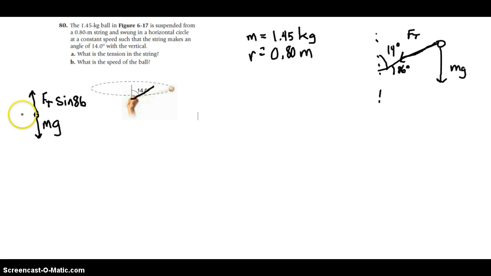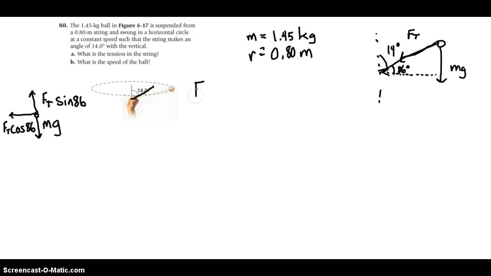So then we also have the force that's keeping it in the horizontal circle, which is our centripetal force, and that's going to be equal to the tension times the cosine of 86. Because we have this horizontal component keeping it in the center.